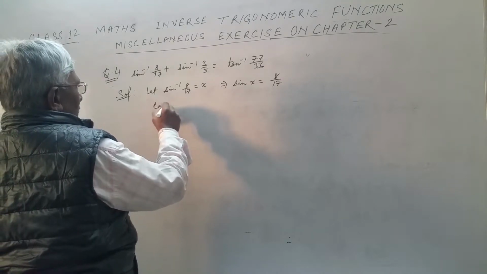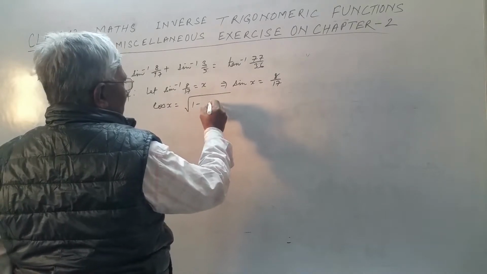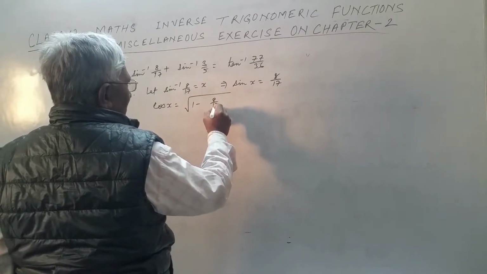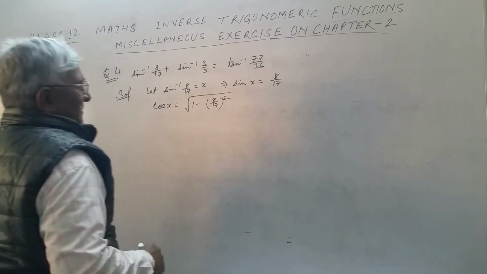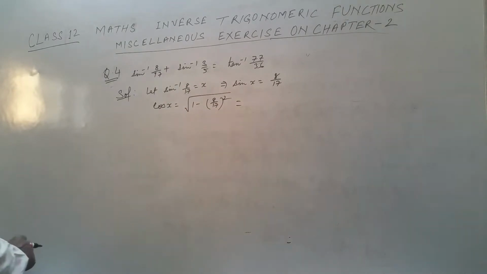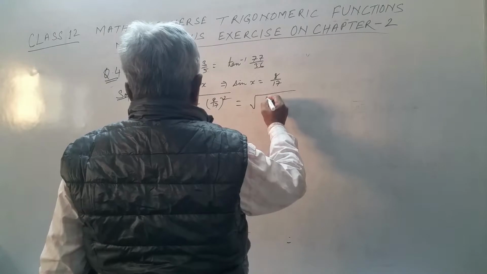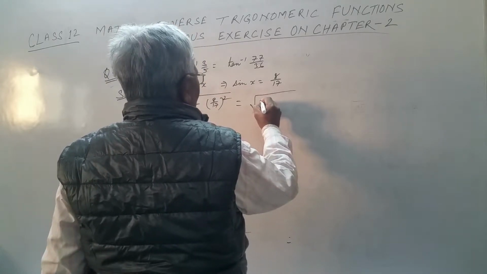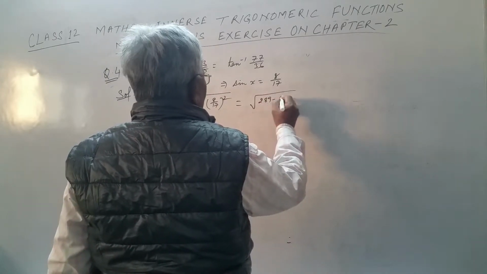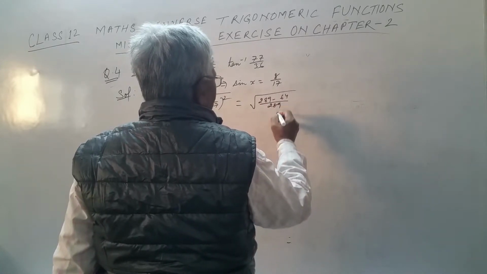Then cos x is equal to root of 1 minus 8 upon 17 whole square. Then you will get 289 minus 64 upon 289.